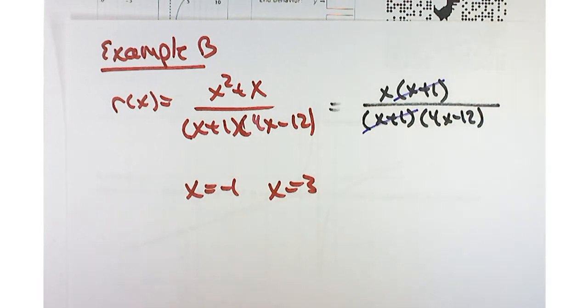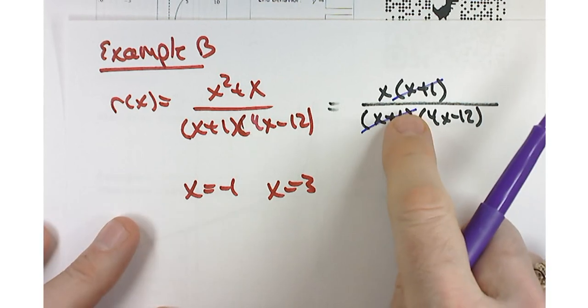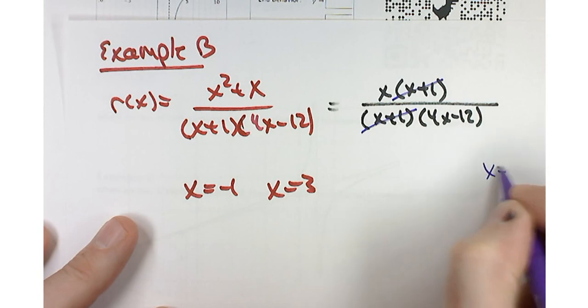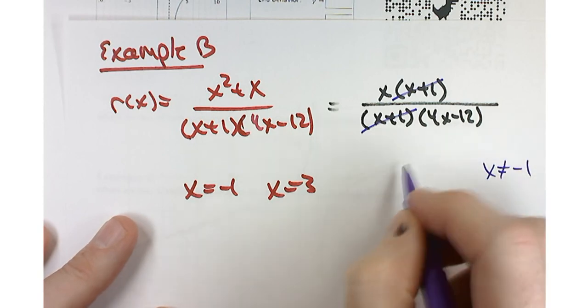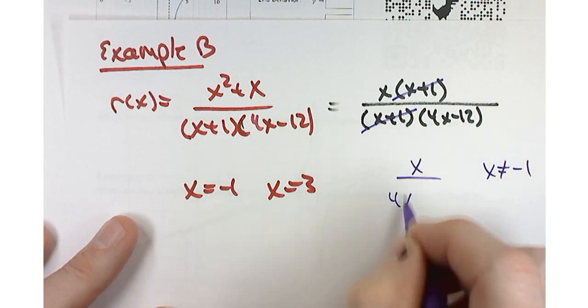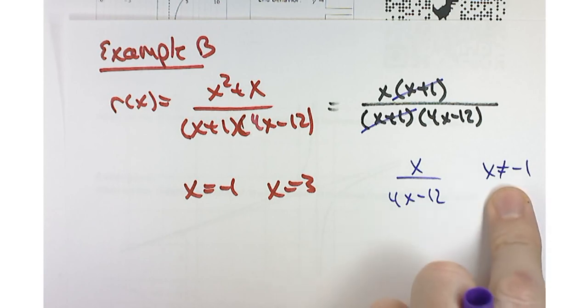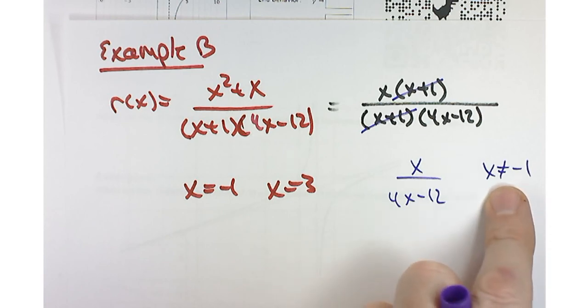So that's kind of strange. Now, other than that, if you realize, okay, let's just not let x equal -1, then you've got x over 4x minus 12. That's what this graph's going to look like other than at x equal -1. So at x equal -1, the graph's just not defined.